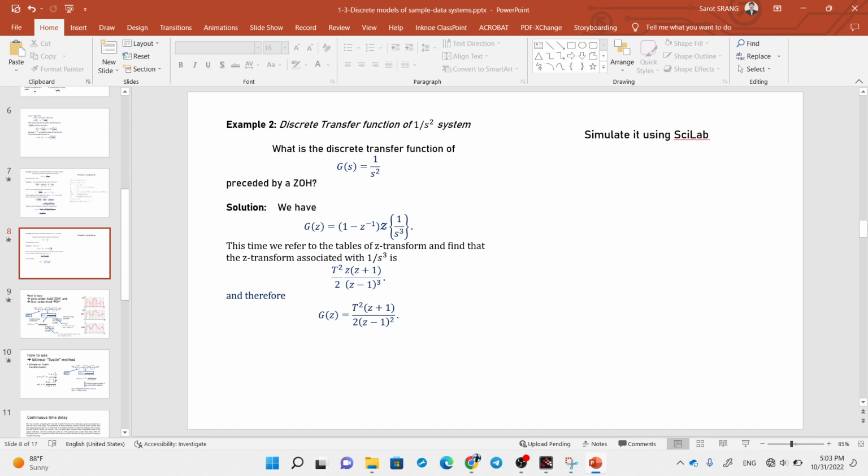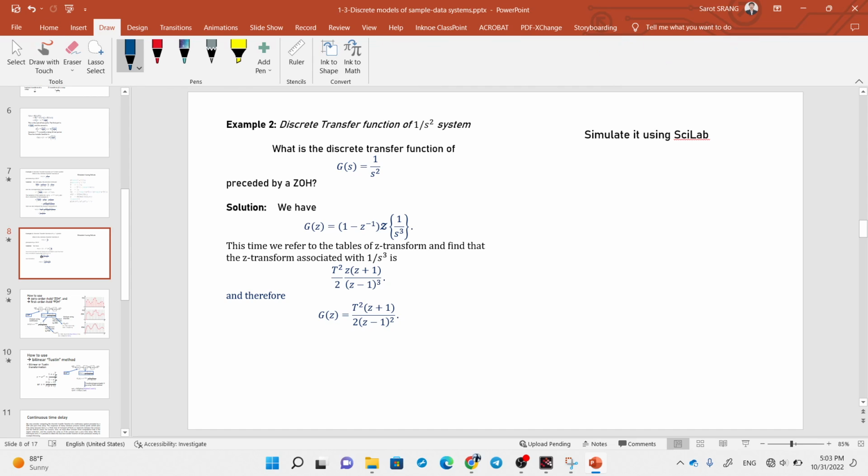To be exact, you can find the Z transform of 2 over s cubed. That's why you have 2 here. This is found from the table, and therefore the final G of z equals this.